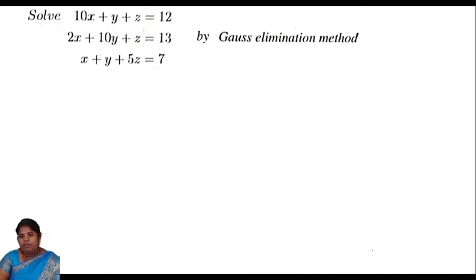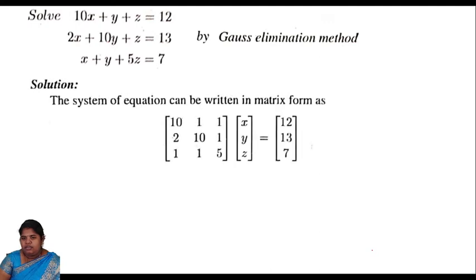Now we will see a problem. Solve the given 3 equations in 3 unknowns by Gauss elimination method. So write in matrix form. The coefficient matrix has entries 10, 1, 1, 2, 10, 1, 1, 1, 5, the variables are x, y, z, and the constants are 12, 13 and 7.